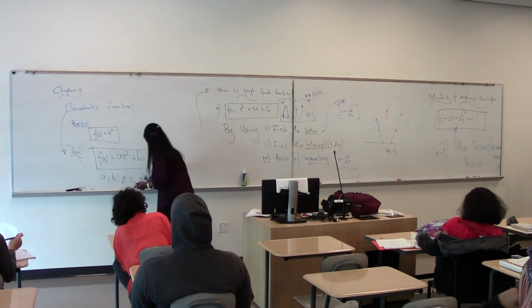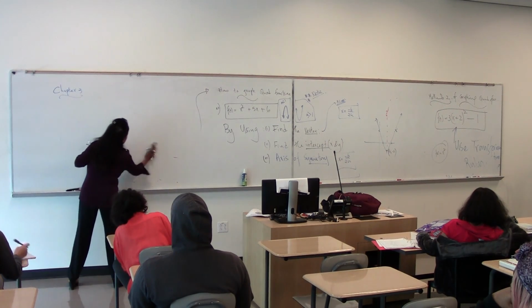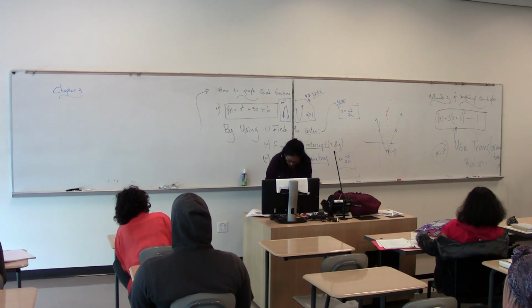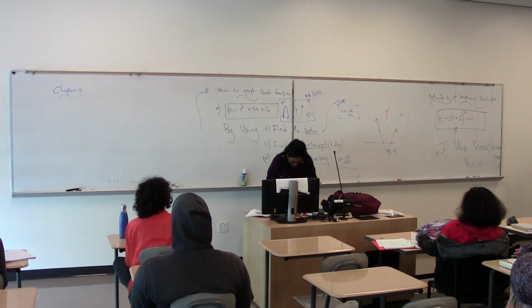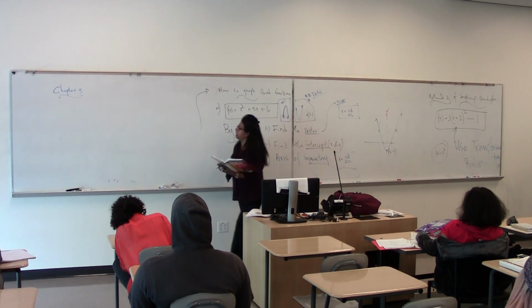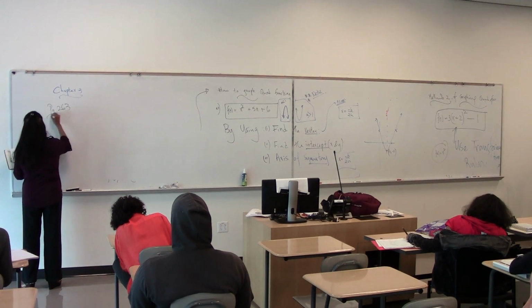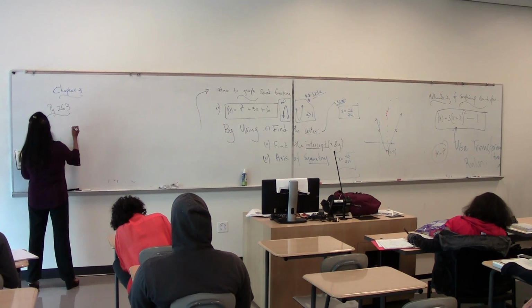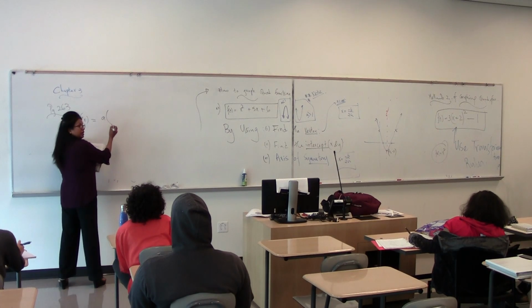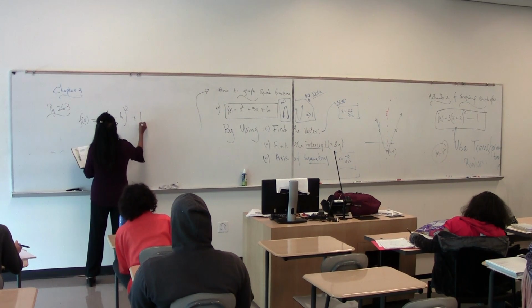Now, I hate to rush, but I need to finish this. If you look at page 263, you can see f of x is also given to you like this: a times x minus h whole thing squared plus k.